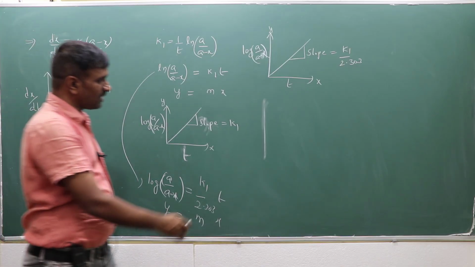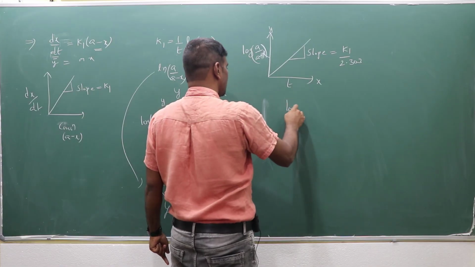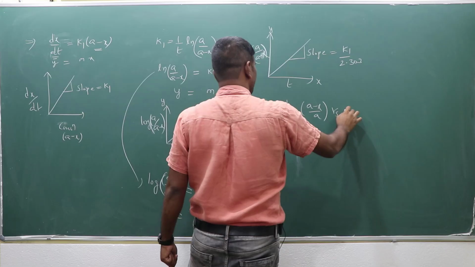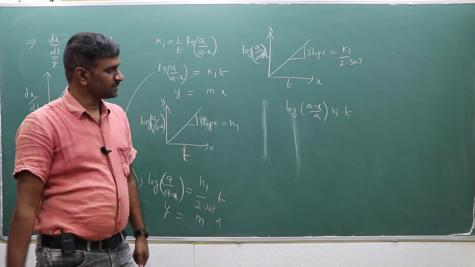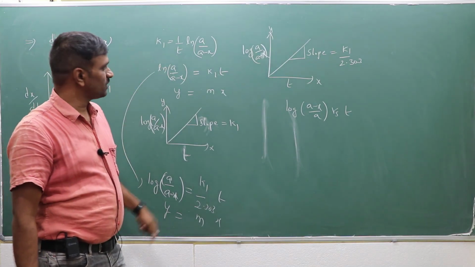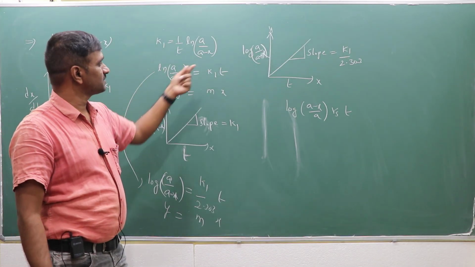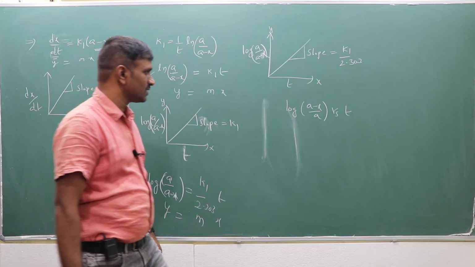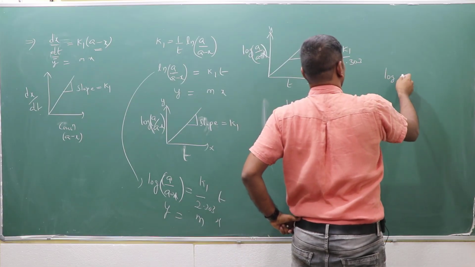And sometimes the plot between log a minus x by a versus time t. How to show this plot? So this is the reverse that takes place. What will happen? You have to add a minus.